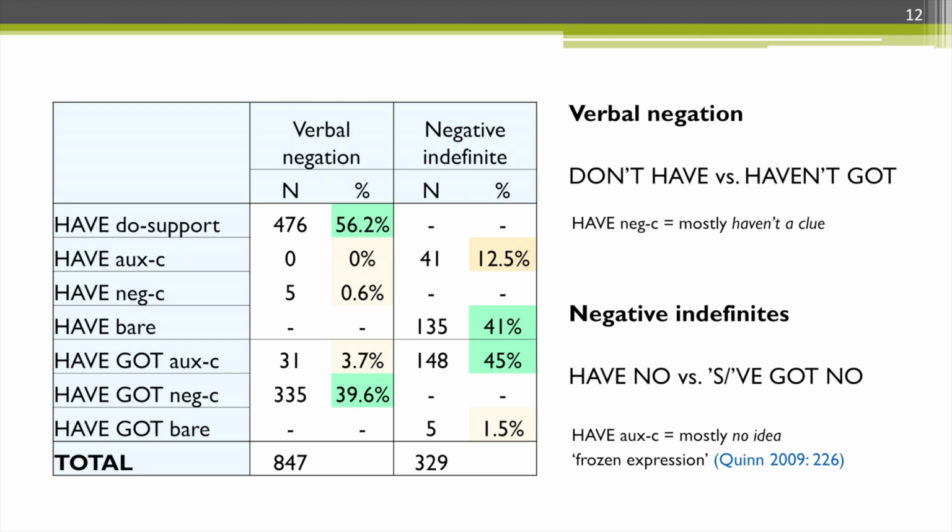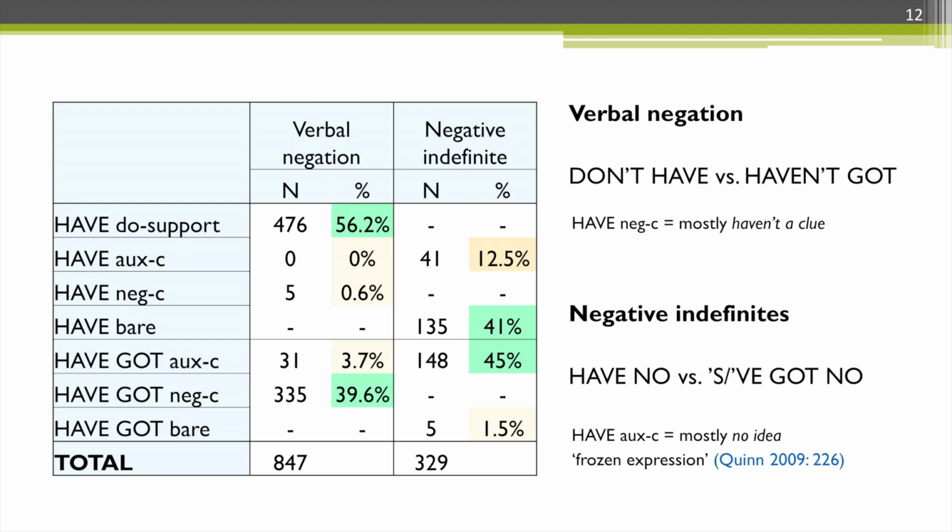So the first set of results concerns the present day status of the variation and how this has developed over time. For starters, here's the synchronic picture and overview of the overall distribution. Focusing on the left-hand column with the verbal negation, we see a clear dichotomy between two major variants, don't have and haven't got, which make up over 95% of all of the data.